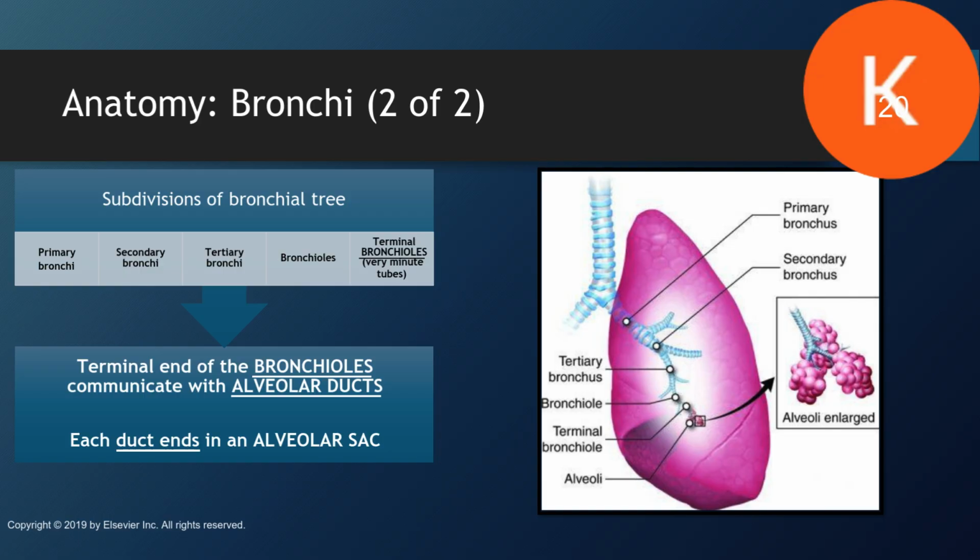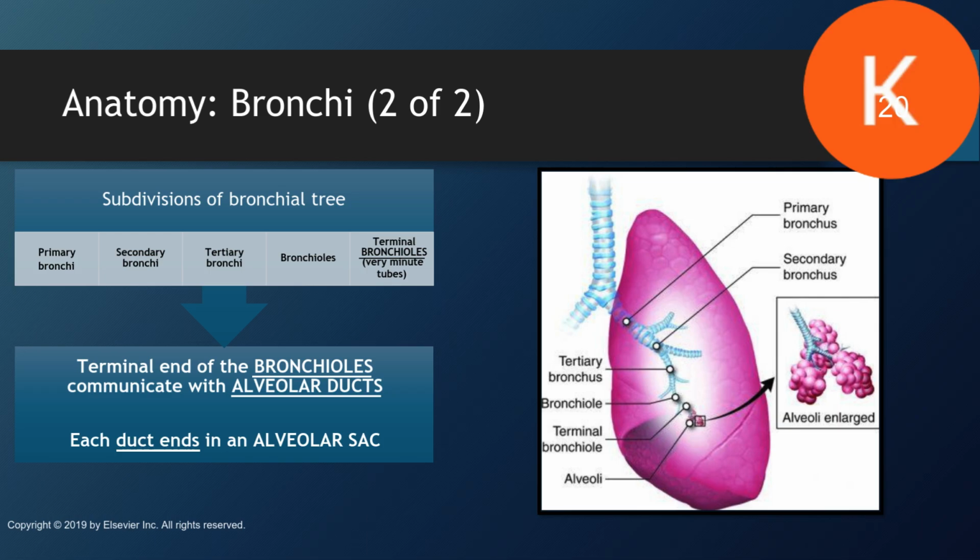This slide shows the branching system of the bronchial tree, which is the pathway air follows as it travels deeper into the lungs. In the subdivisions of the bronchi, the airway moves through a series of progressively smaller airways. If you can see, we have our primary bronchi, the first branch of the trachea that enters each lung.